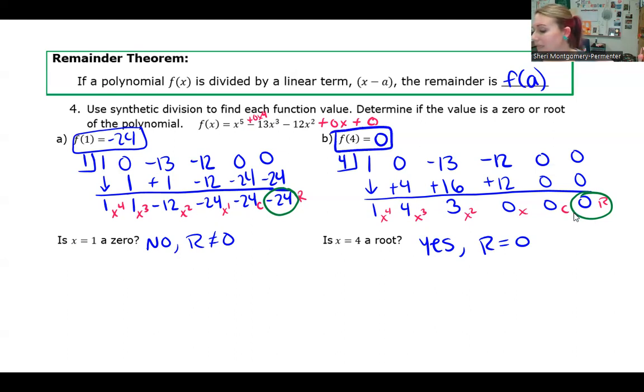Okay, let's try C and D on our own. So I'm going to do them on the board. You do them on your paper. As soon as I have them written down, I will advance the slide. Remember, they set up with the same constants and coefficients along the top.